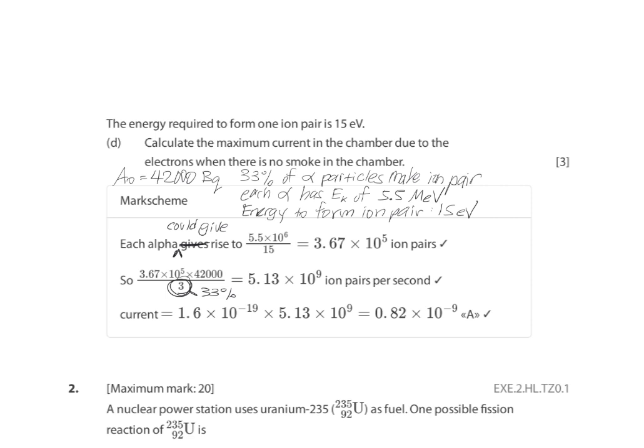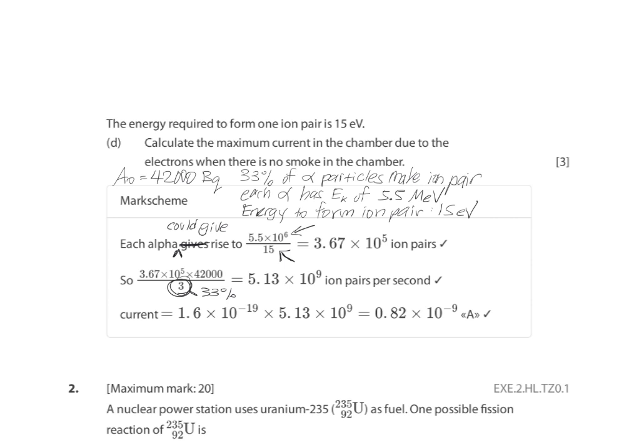It says each alpha could give rise to 3.67 times 10 to the 5 ion pairs, because they're dividing the 5.5 times 10 to the 6, that's the 5.5 mega electron volts, by the 15 electron volts to make an ion pair. So each alpha could give rise to that amount, but only 1/3 actually does. So that's where the dividing by 3 comes from.